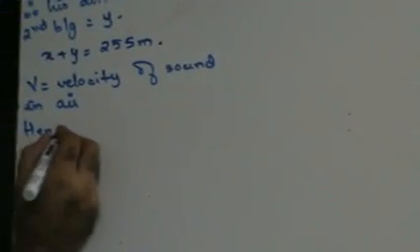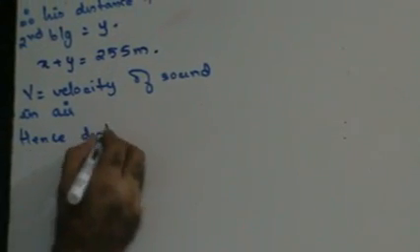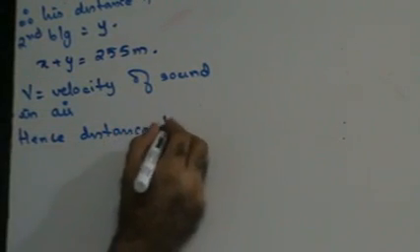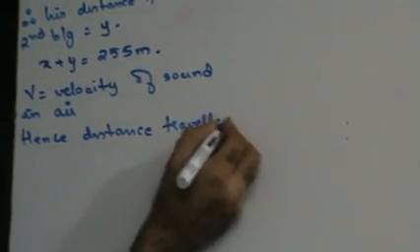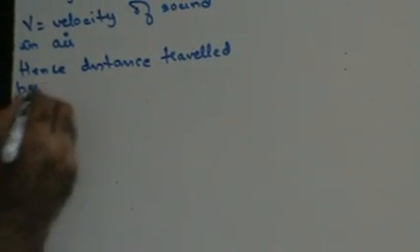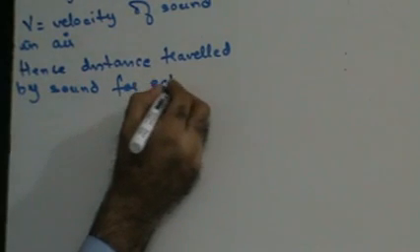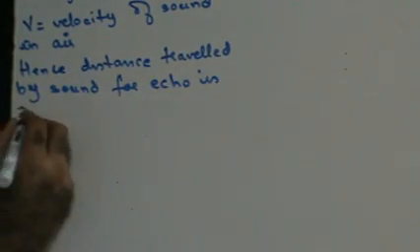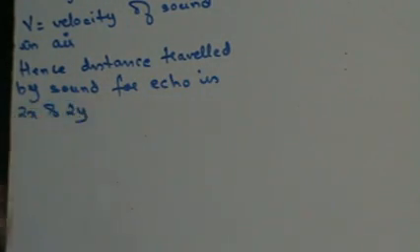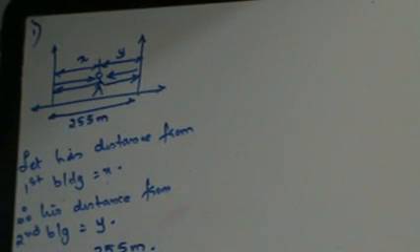Hence, I can say that the distance travelled by sound for echo is 2x and 2y. 2x on this side, and here again it will have to go hit the building and come back.